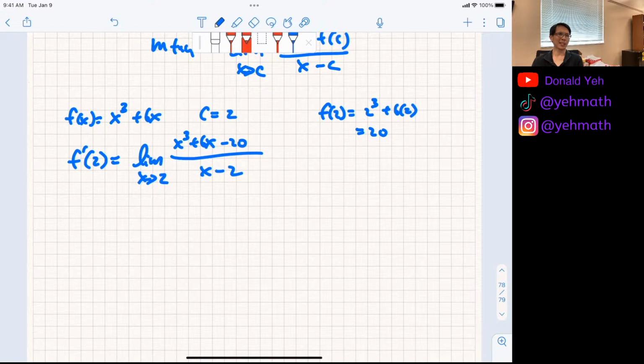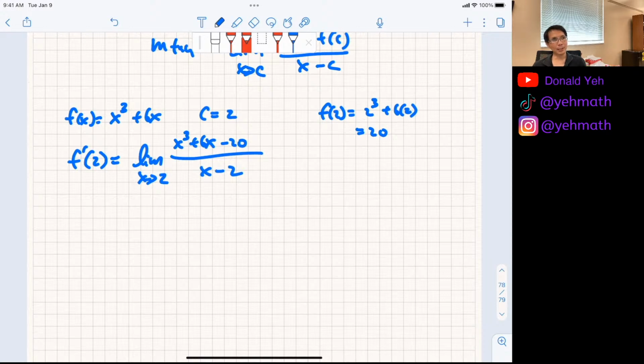Okay, what kind of math can I do here? You can do long division. There we go, long division. Math could be any kind of algebra, and we can do long division or synthetic division too.